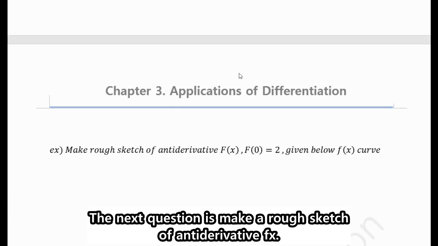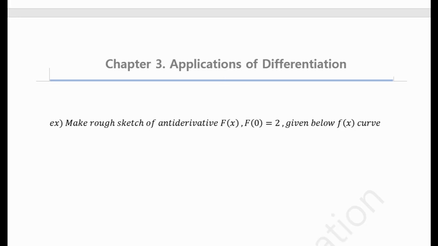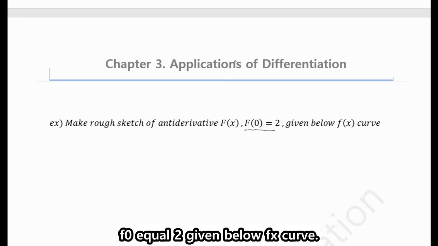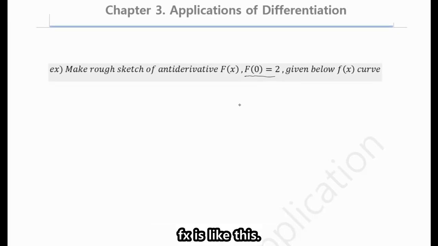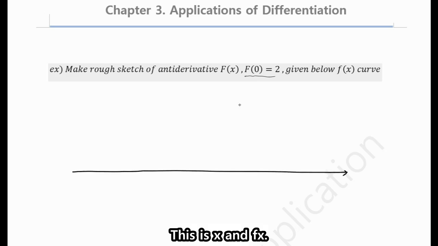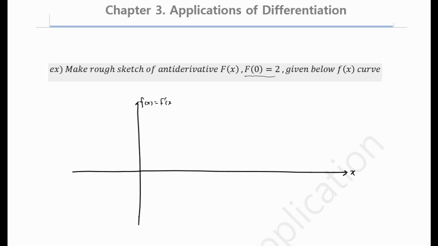So the next question is, make a rough sketch of the antiderivative F(x) given f(0) equal to 2, given the f(x) curve below. The f(x) curve is given. It looks like this. This is x and f(x). f(x) is F prime x. And this is like this.